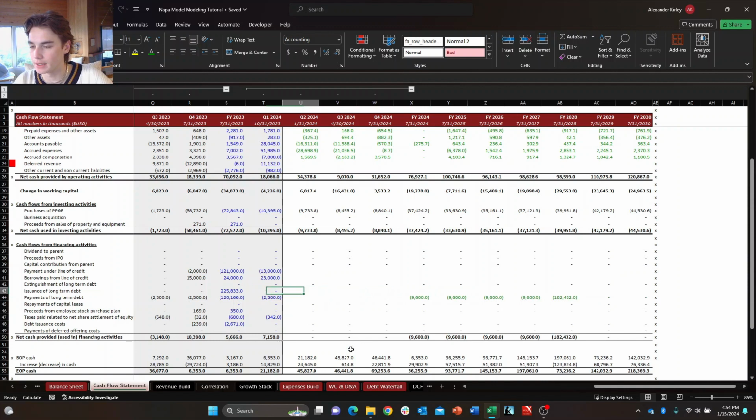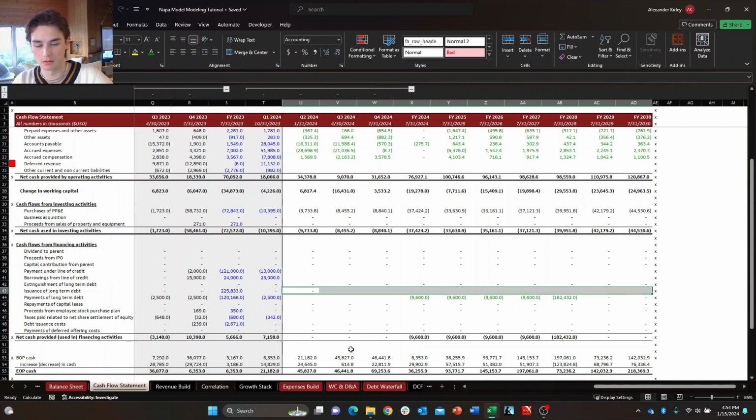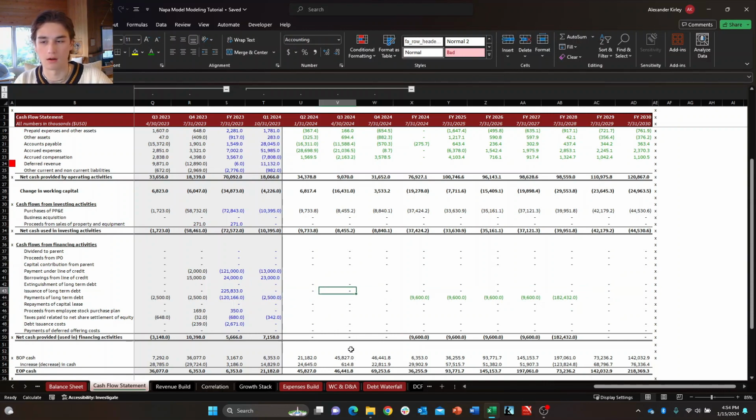When looking at issuance of long-term debt, we don't believe they're going to be issuing any. They haven't guided it whatsoever in our SEC filings, nor do I believe that they'll need to in the future, due to them having plenty of cash moving forward. We will deal with these quarters momentarily, but let's get into our revolver now.